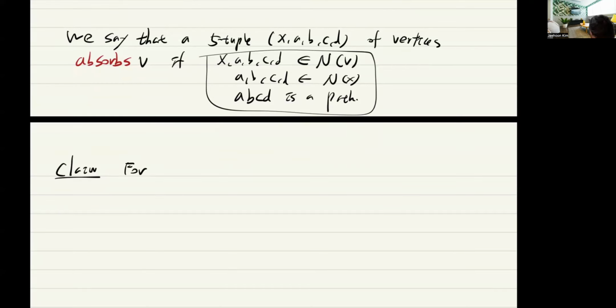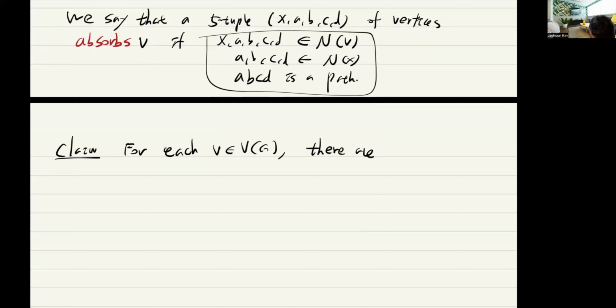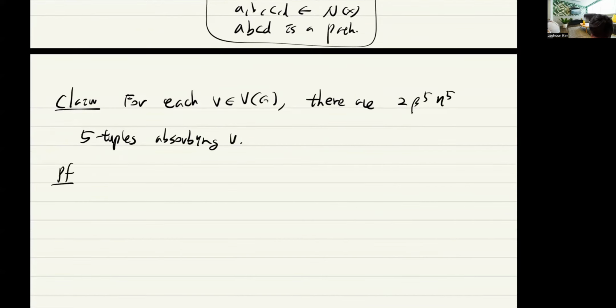And the minimum degree condition gives us that for each B, there are many, say at least 2 times beta^5 n^5, 5-tuples that absorb this specific vertex B. Why?